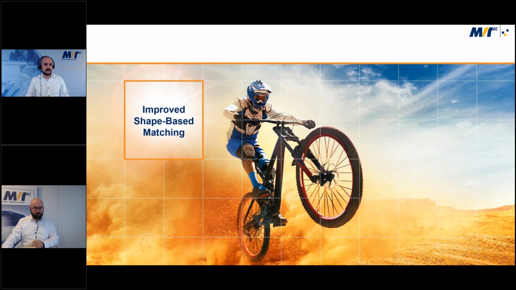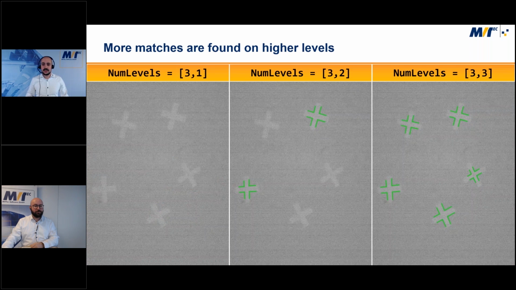Yes, that's true. The possibility to adjust these num levels has actually been available in HALCON since, I think, the beginning of shape-based matching. But you need a lot of knowledge about these levels to select the correct pyramid level and to select this parameter correctly so that it gives you robust results on your specific application. What's actually new, which I can show you on the next slide, is that we now provide a new operator called adapt_shape_model_high_noise, which automatically selects the correct parameter set for the num levels parameter in HALCON.